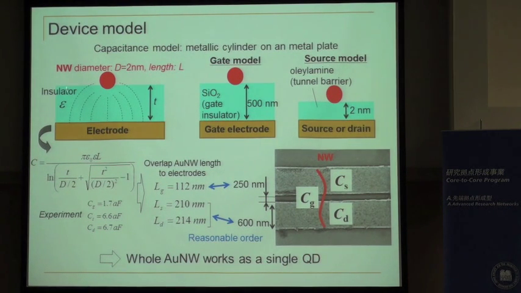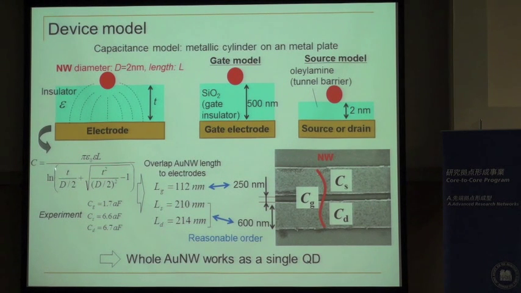So in this system, we can obtain this formula, and in our device, gate capacitance can be given by this picture, including a silicon dioxide insulator of 500 nanometer. And the source and drain capacitance can be given by this picture, including a tunnel barrier of OLED amine with a thickness of 2 nanometer.